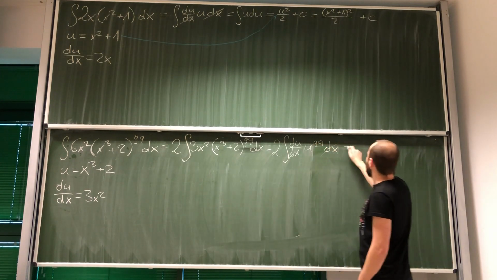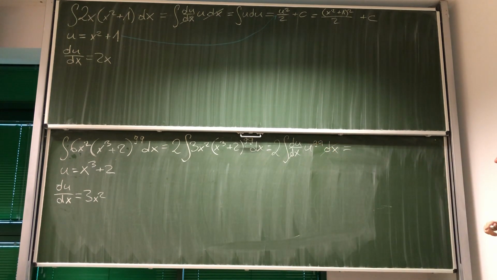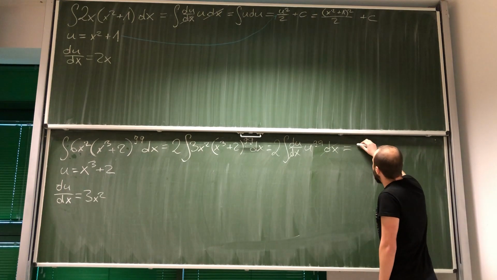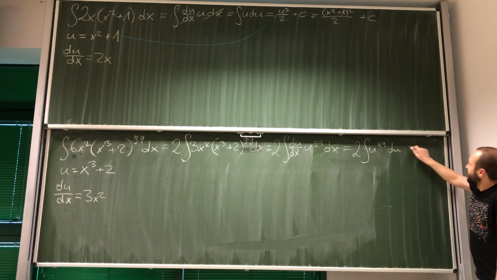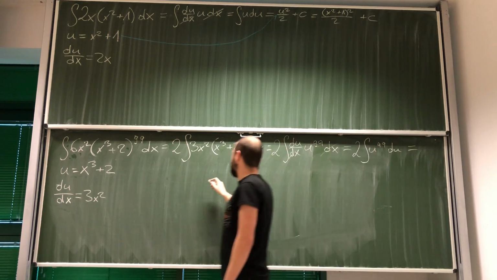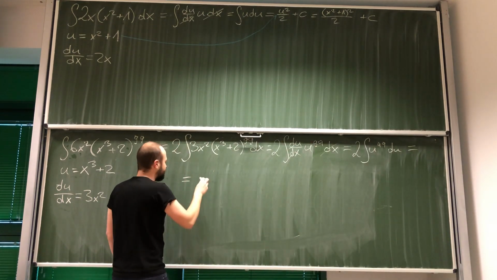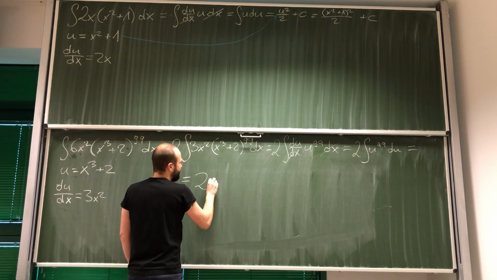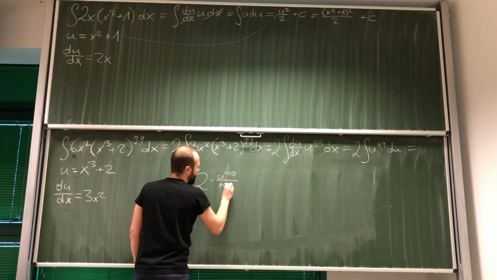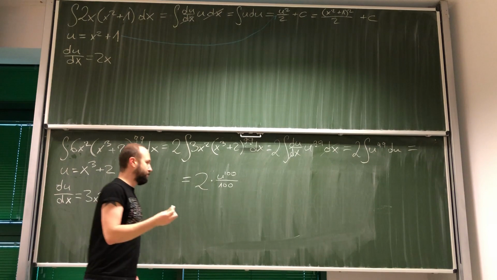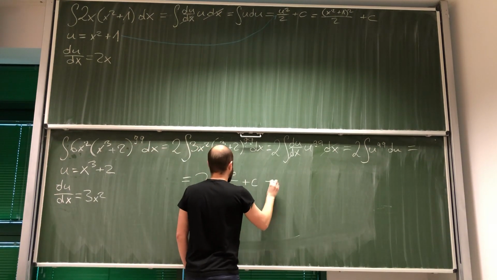And again, two dx's are cancelling each other out, and what we get as a result is the integral of u to the power of 99 with respect to u. Okay, and again, this integral is extremely easy to calculate. This is simply u to the power 100 divided by 100 plus c.